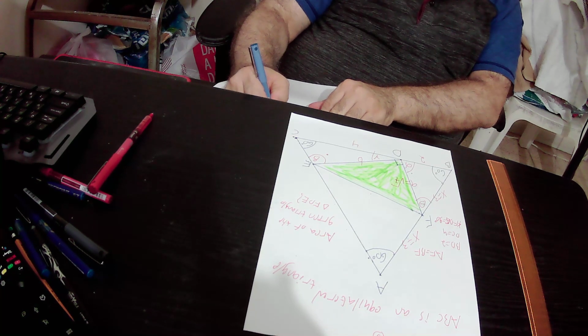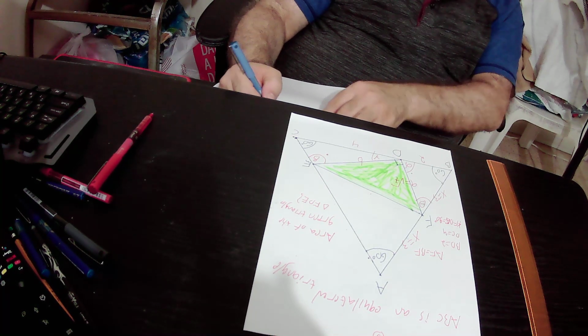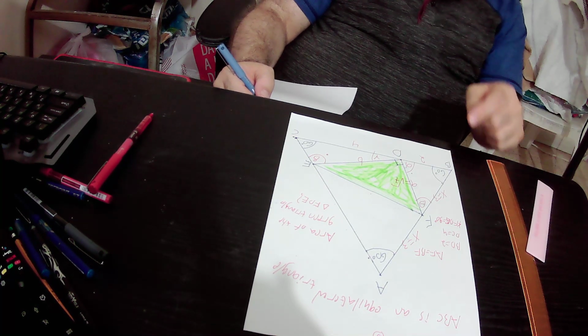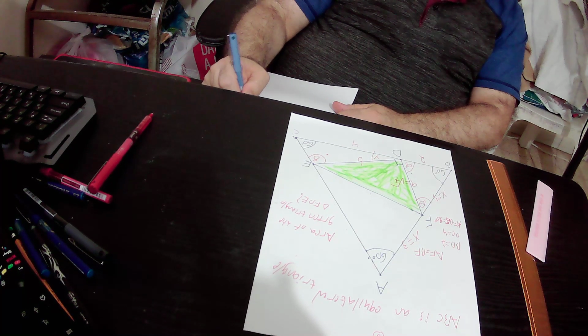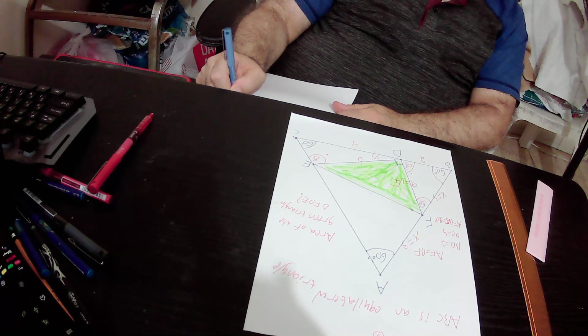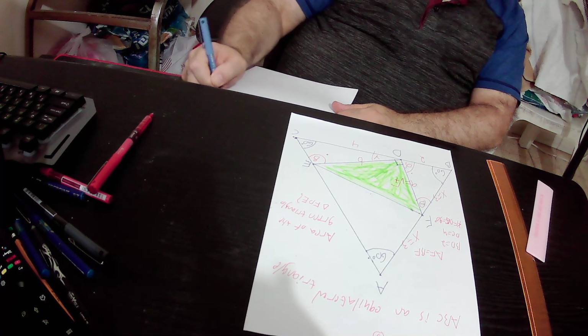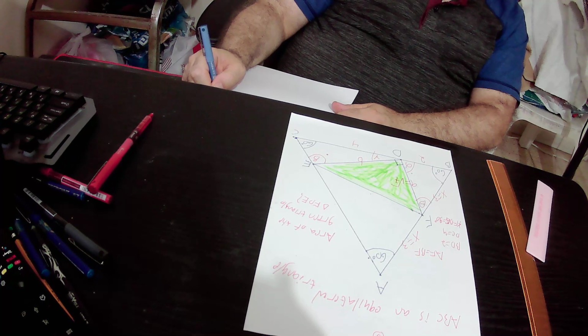So our first equation will be 60 degrees plus alpha plus theta equals 180 degrees.